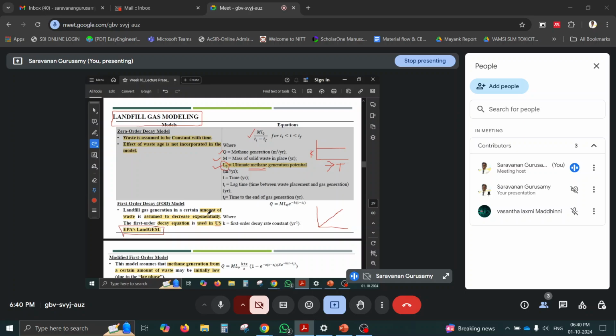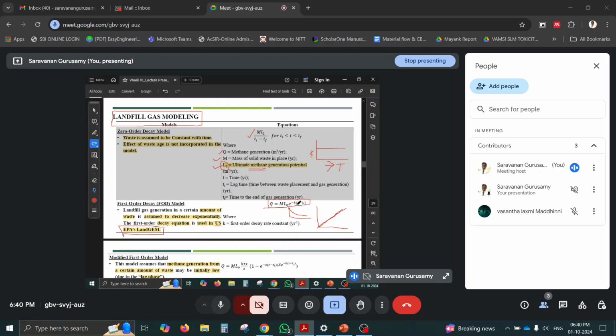In this model, the amount of waste is assumed to decrease exponentially. Initially, the waste is like 10 million metric tons, and then with time it will decrease. The rate of decrease is first order decay. So the model is Q equals M into L naught e power minus k (t minus ti).